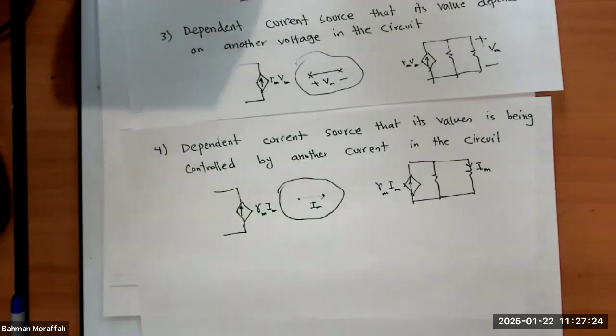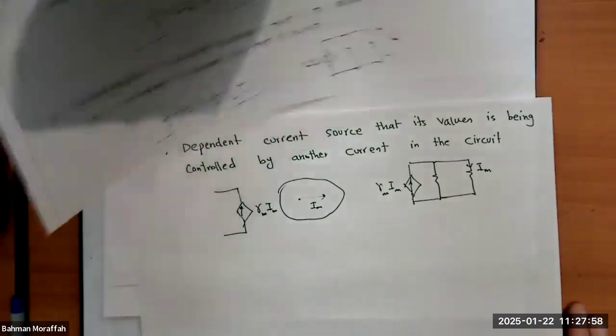Unlike independent sources, whose value is something that's given to us, it's 5, 6, 10, whatever, or it's changing with time, and it has nothing to do with the rest of the circuit. These sources are basically dependent on something else in the circuit, and hence the name, right? Any question? Is that clear what's happening here? Yes? Now we got it out of the way.